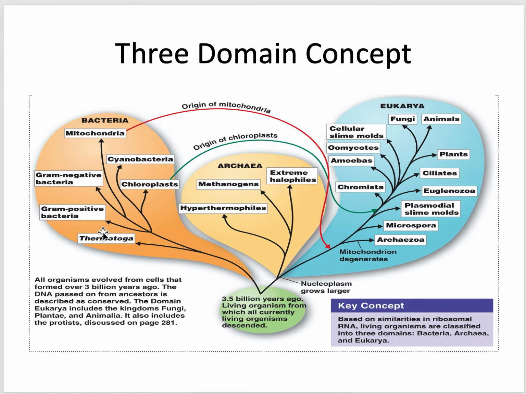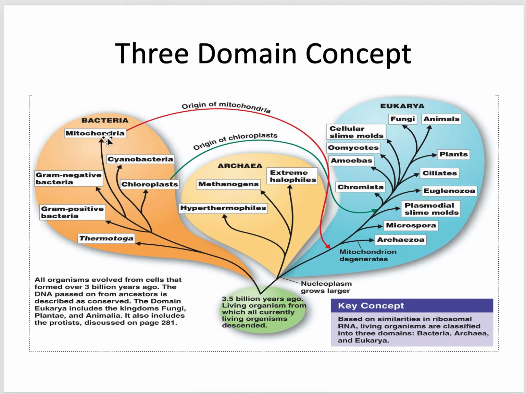Similarly, in the domain bacteria: Thermotoga, gram-positive bacteria, cyanobacteria, gram-negative bacteria, chloroplast, and mitochondria. We can also see mitochondria and chloroplast here, but are mitochondria and chloroplast individual microbes? No. So why are they in this domain?